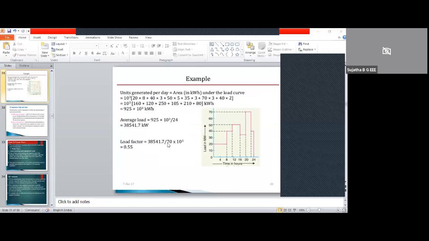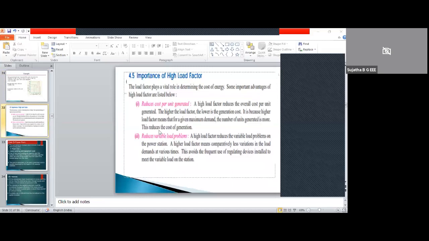So if the average load on the station is reduced, although the system is capable of generating so much power, based on the average load it will produce only that many units. So this will reduce the load factor. So if the load factor is high, the cost of generation will be reduced, and accordingly the charges on you consumers also will be reduced.